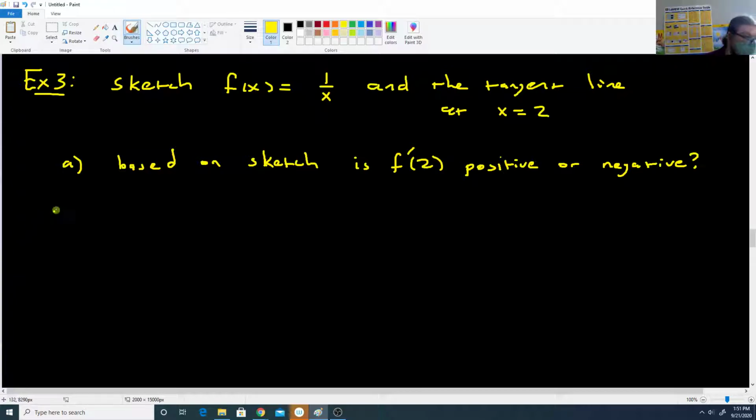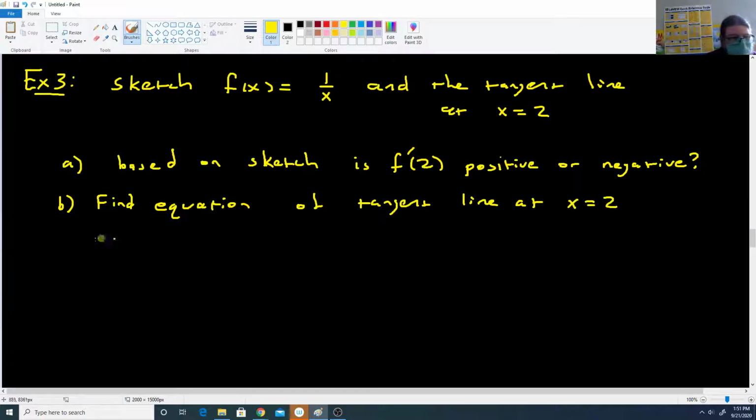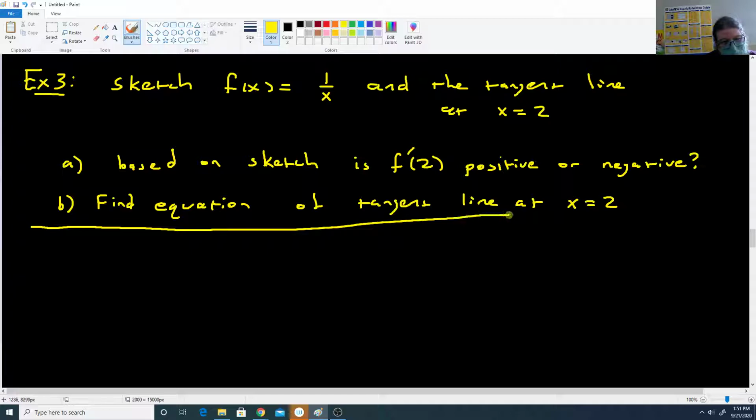And then part B wants us to actually calculate the equation of the tangent line at x equals 2. Okay, so let's sketch our graph of 1 over x.